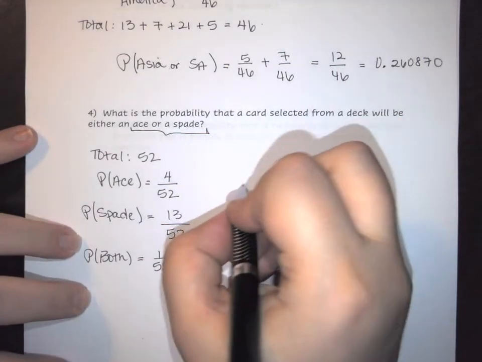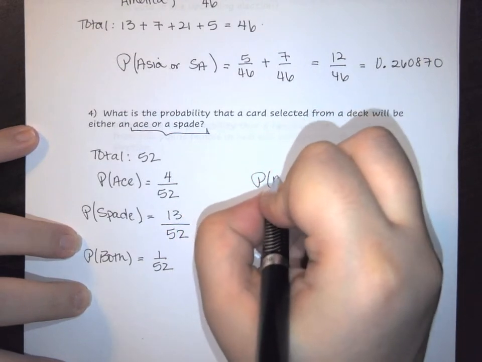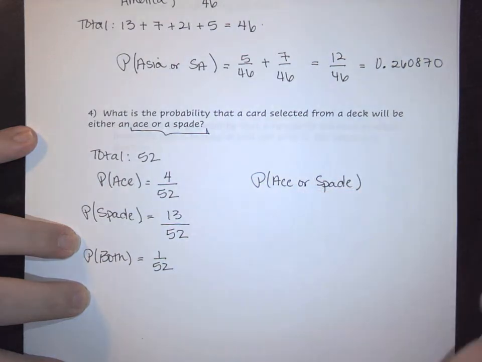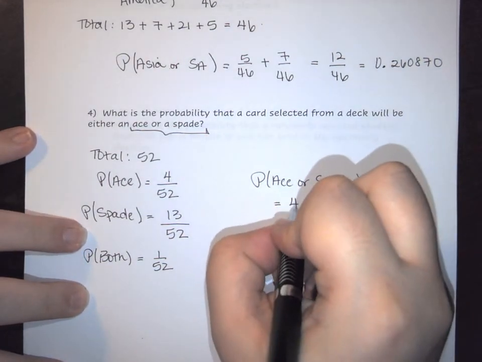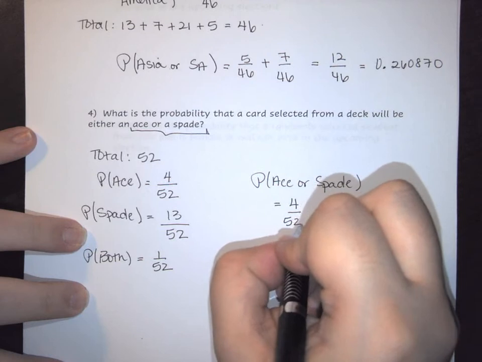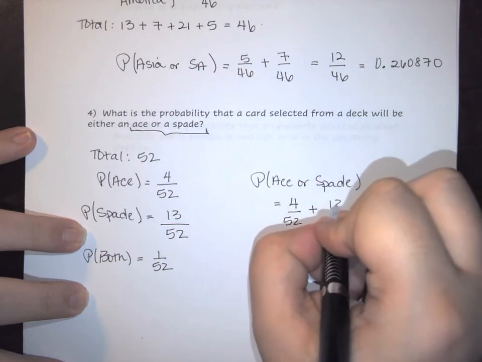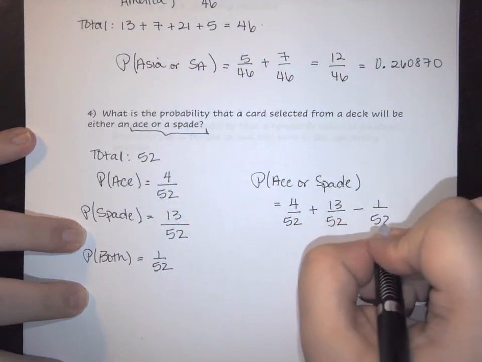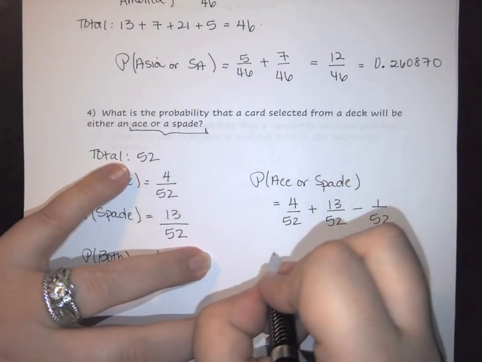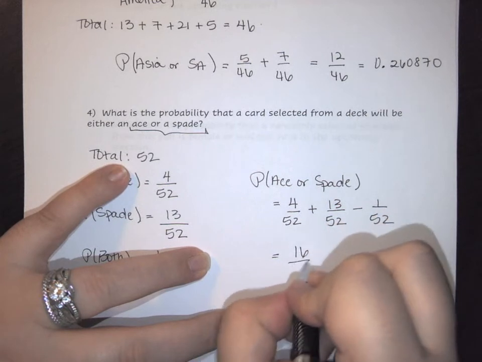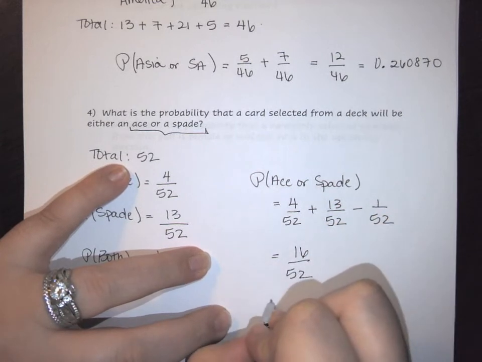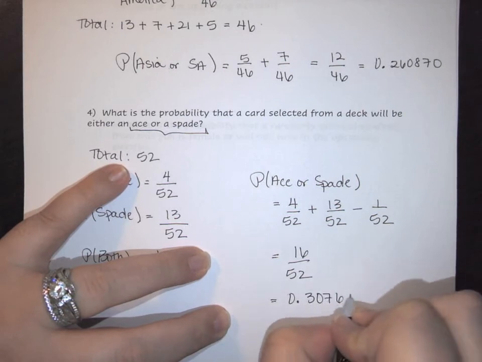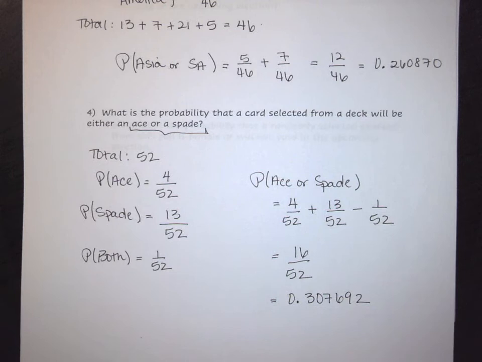So in this case, we would have the probability of getting the ace or spade is going to come out to being the probability of my ace plus the probability of my spade minus the probability of both. In this case, we end up with 16 out of 52, which is going to give us 0.307692 as a probability.